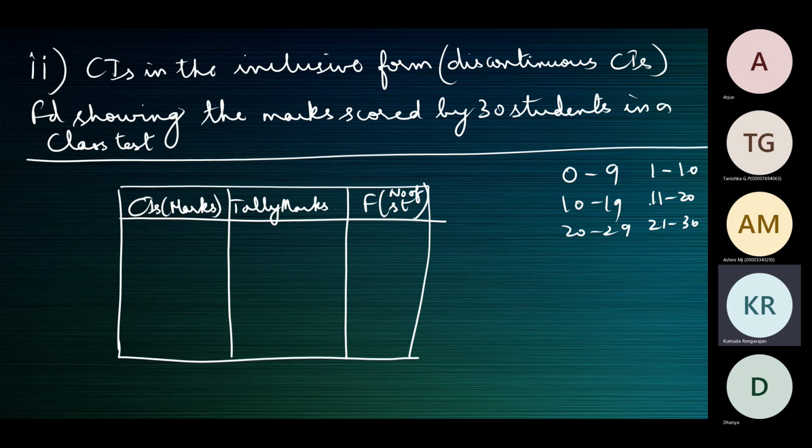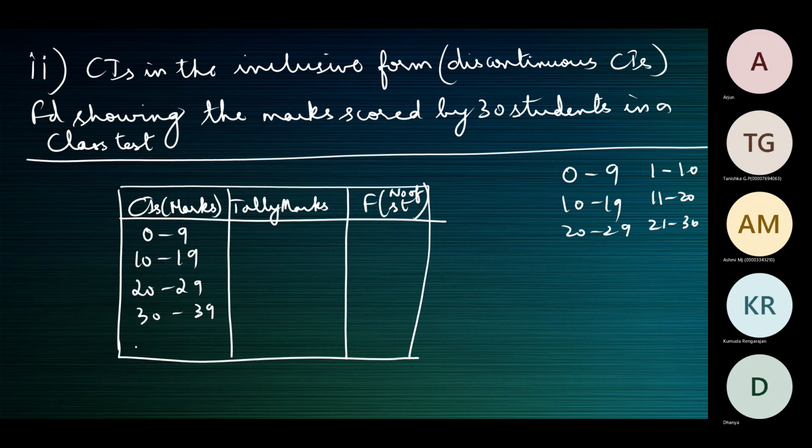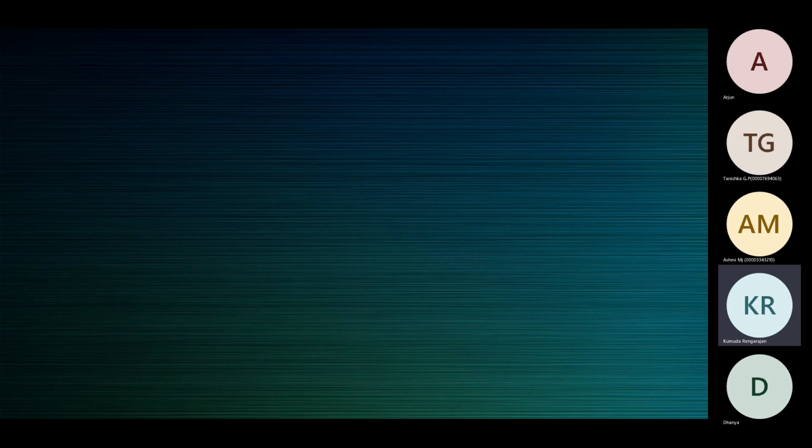So you can say 1 to 10, 11 to 20, 21 to 30, or you can make 0 to 9, 10 to 19, 20 to 29, and so on. 0 to 9, 10 to 19, 20 to 29, 30 to 39. What's the last number, children? I forgot. 48. Yeah.